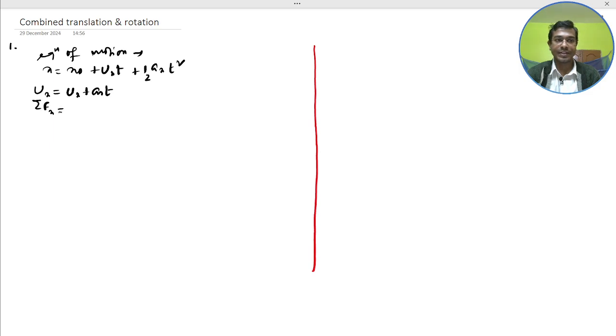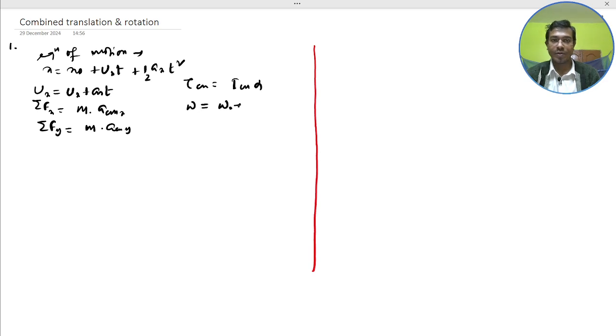Sum over Fx is m into a cmx, sum over the y component of F is m a cmy, and the tau cm is equal to I cm alpha. Omega is omega naught plus alpha t, and theta is omega naught t plus half alpha t square.